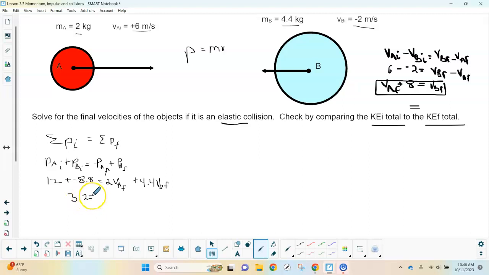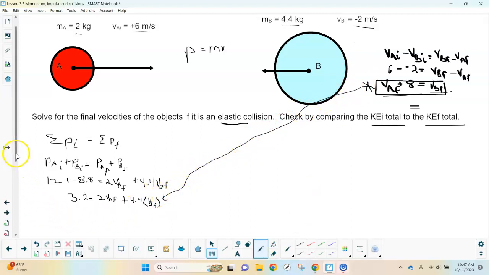Then I have all the same letters on the right side, so 2 VAF plus 4.4 VBF. And this is where that other equation is going to be useful. The equation we did up here, we're going to substitute this VAF in for VBF. So I'm going to take out that VBF and plug that in there.